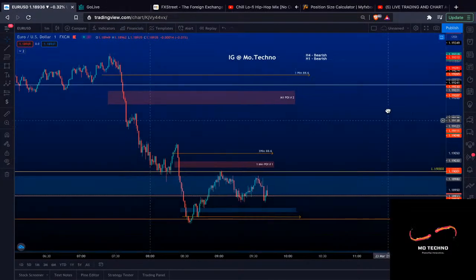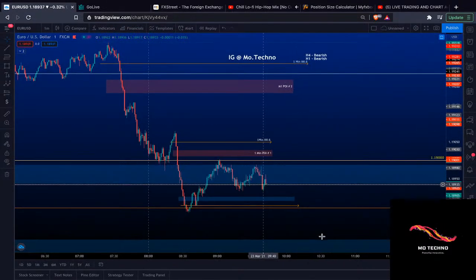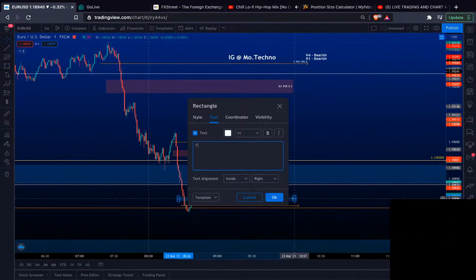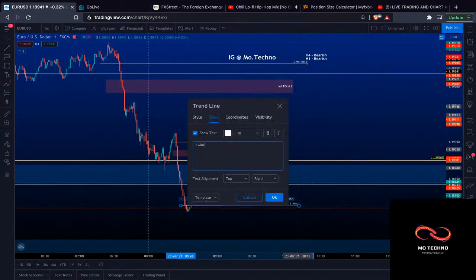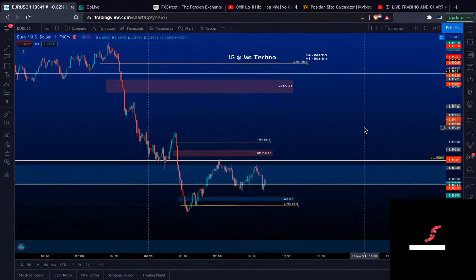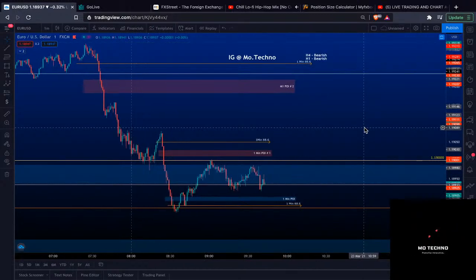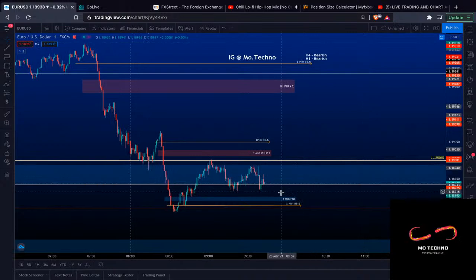We can just as much go and blast this down. But I'm gonna keep that my 1 minute POI for the buy and my 1 minute 88.6 for the buy. So if price comes anywhere there, I would have a long position down here.